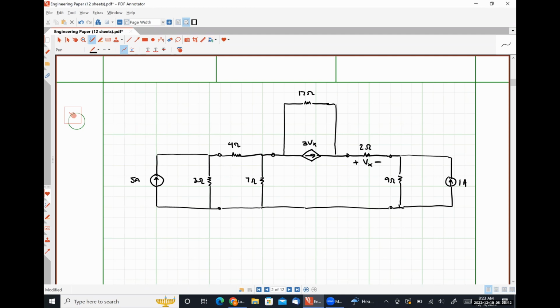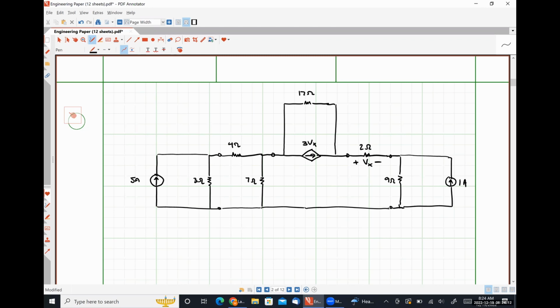So because it contains 5 nodes and 5 meshes and a dependent source, you could argue that you couldn't use your calculator to solve this system using either nodal analysis or mesh analysis. It would require the use of a computer. So something like this would ostensibly be off limits for your exam, but I beg to disagree.